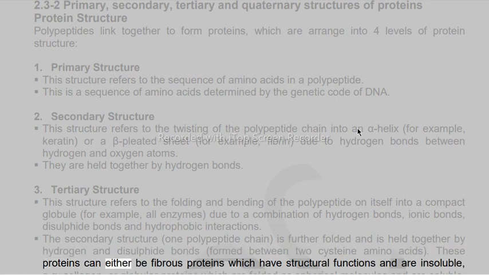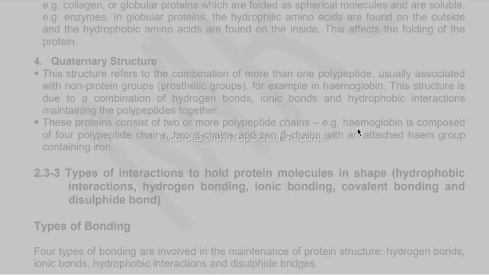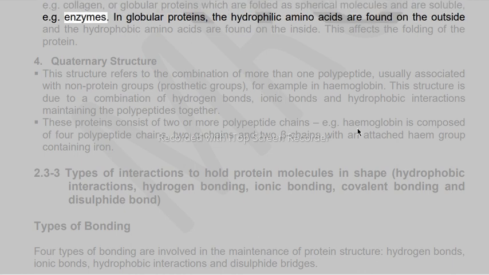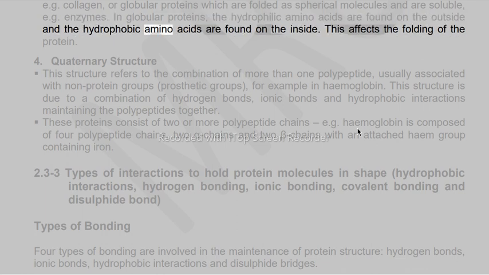These proteins can either be fibrous proteins which have structural functions and are insoluble, e.g. collagen, or globular proteins which are folded as spherical molecules and are soluble, e.g. enzymes. In globular proteins, the hydrophilic amino acids are found on the outside and the hydrophobic amino acids are found on the inside. This affects the folding of the protein.